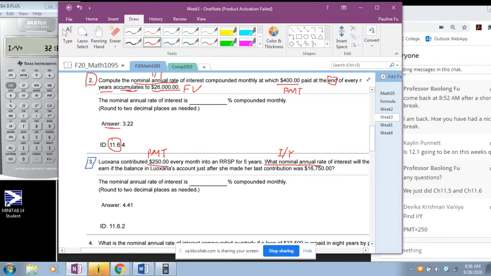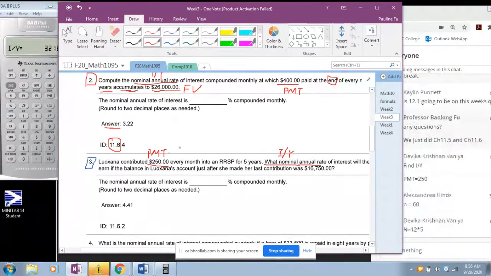Tell me. Thank you, Alexandra. N equal to 60. 5 years equal to 60 months.